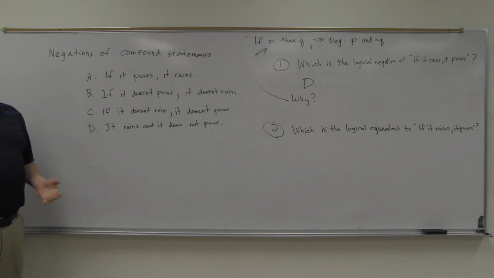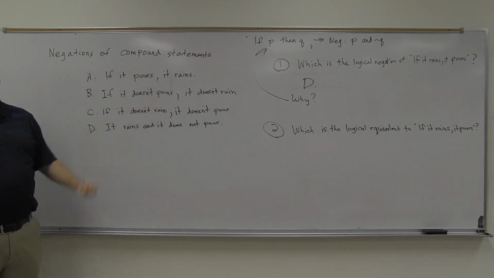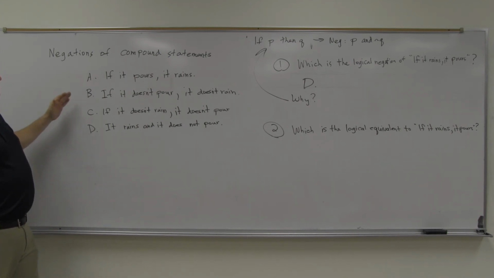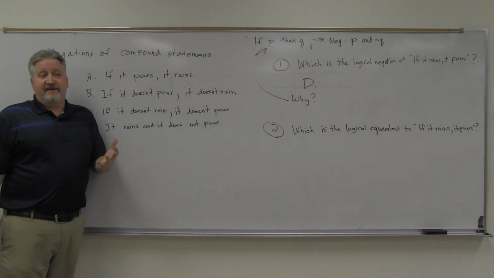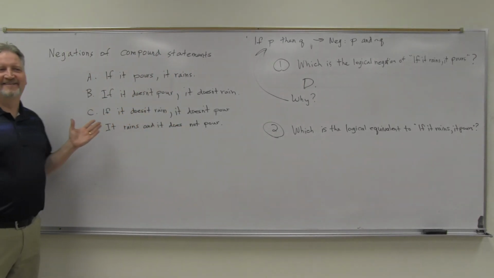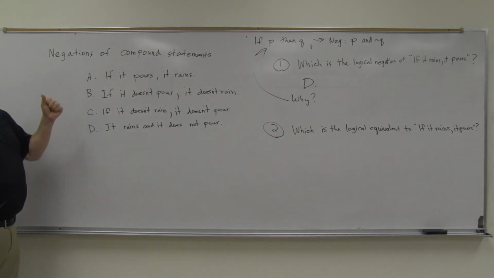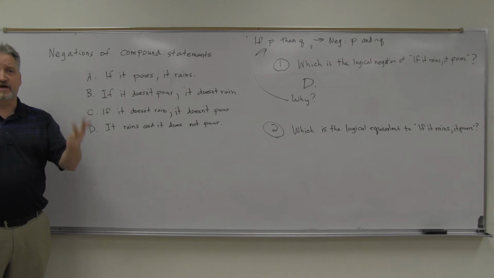If you're guessing, different people guess different ways. This one has the same parts, just flipped around, right? These two, like I said, have negations to them. We know this one's not it, because that's the negation, the exact opposite. So we've narrowed it down to 3, haven't we? Which one is it? Well, remember we talked about the converse, the inverse, and the contrapositive?